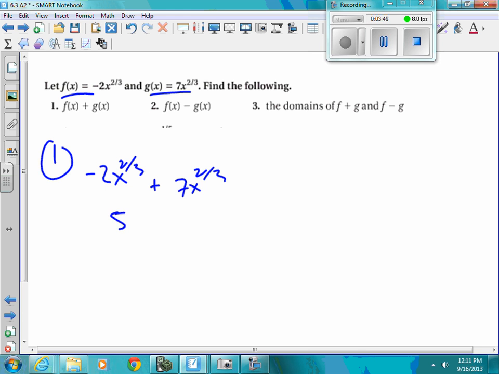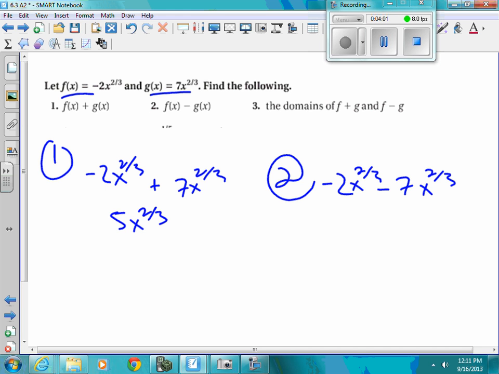We get 5x to the 2/3 power. And let's look at number 2. Now let's subtract them. It's the same two functions. We're going to subtract the coefficients this time. Same thing. Negative 2 minus 7 is negative 9x to the 2/3. So it's very similar to what we've done in previous sections.